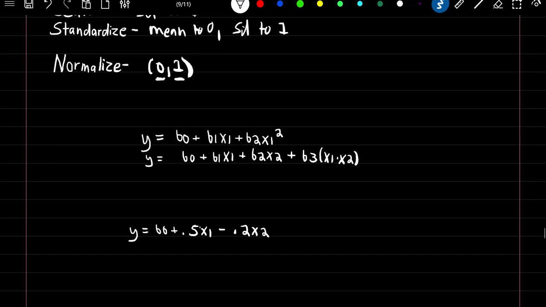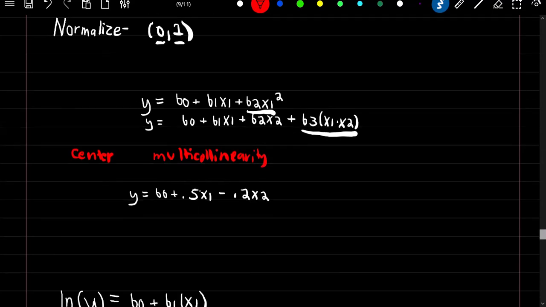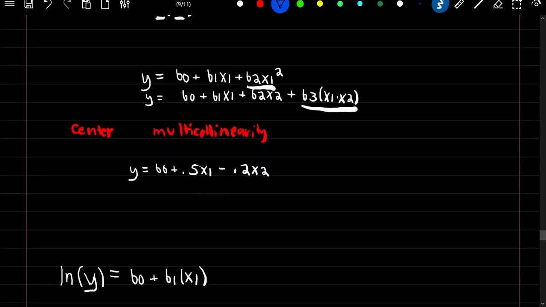If we wanted to create either a polynomial term or an interaction term in our linear regression model, then we should center our predictors first in order to avoid multicollinearity. And if we wanted to compare our predictors on a similar scale, say one was in thousands and one was in tens, then we can standardize both our predictors and our dependent variable.